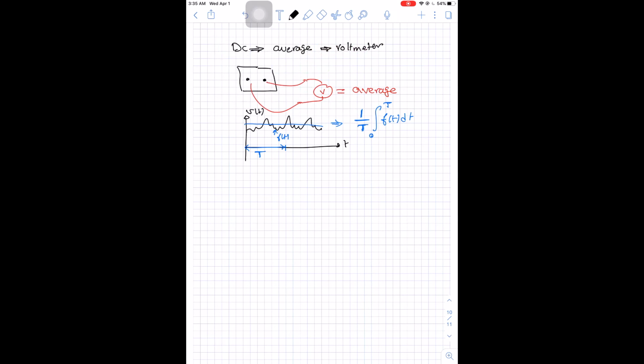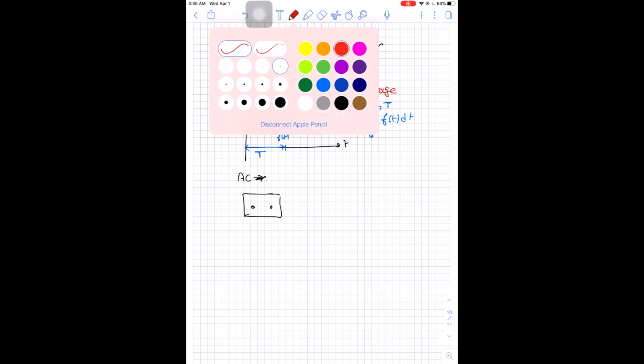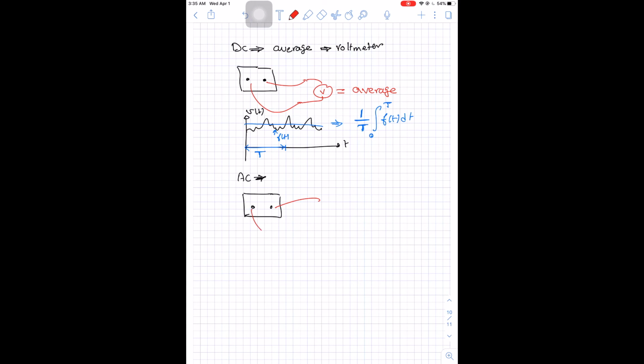In the case of AC, if we have a source with two terminals and across these two terminals we connect the same voltmeter, this voltmeter will give us the average, and we know that the average for AC is 0.